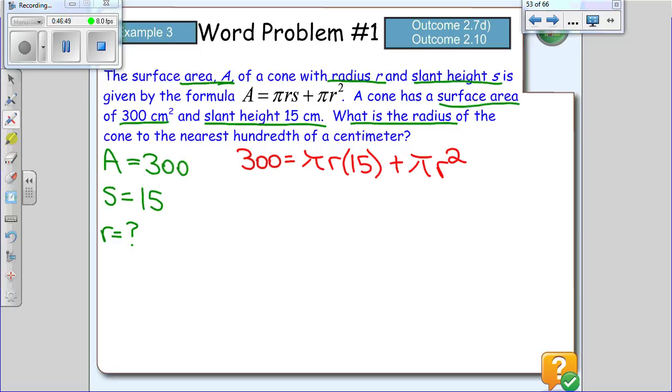So we're used to seeing it as x squared comes first, then your x, and then nothing. So I'm going to reorder this to be 0 equals pi r squared plus 15 pi r. Notice I also reordered that so that the coefficient came first. We're used to seeing things like that. And then minus 300.